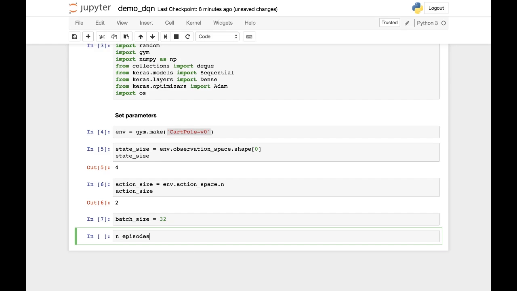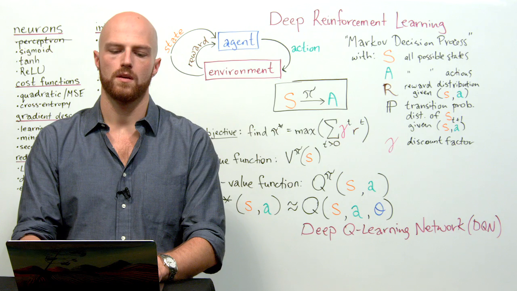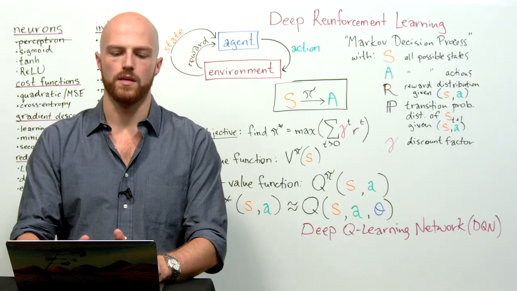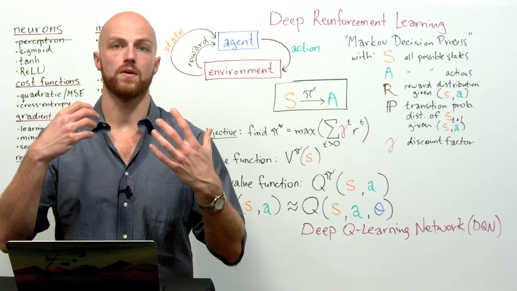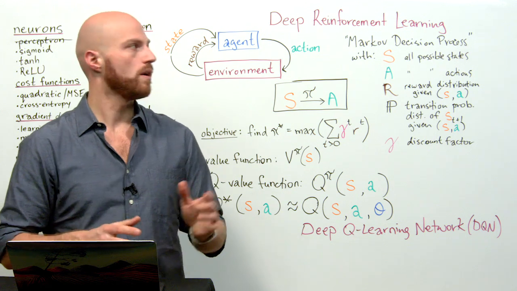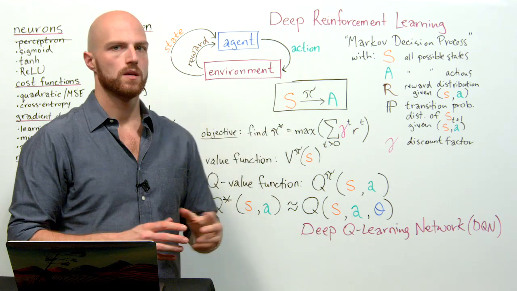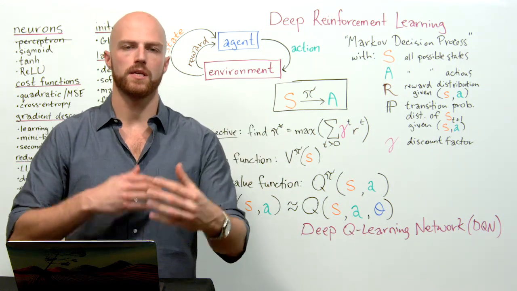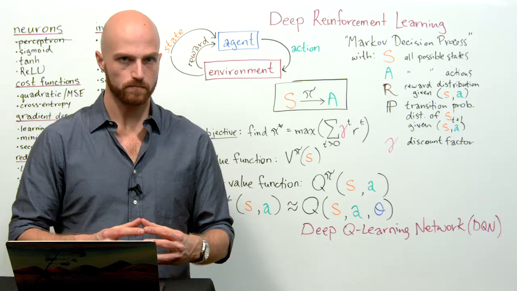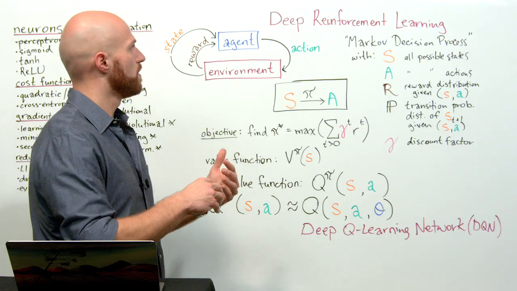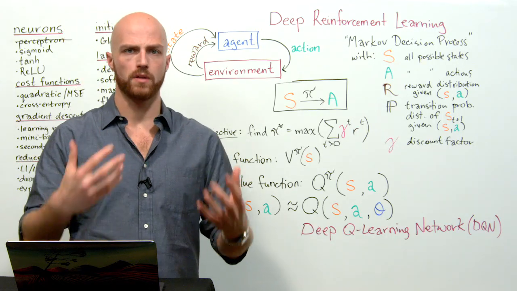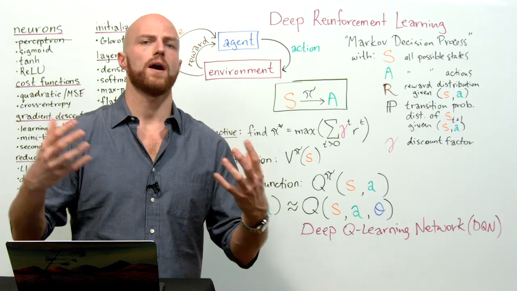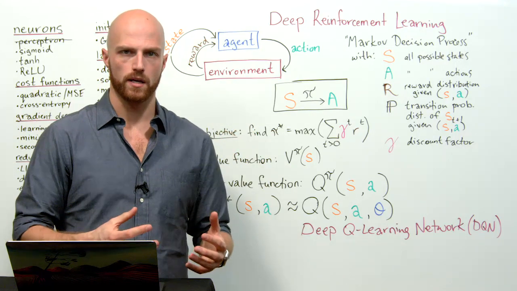on the outcomes. And then the number of episodes, this is the number of games that we want our agent to play. So you'll see as we get into the code more, the number of games that we play provides us with more data for training.